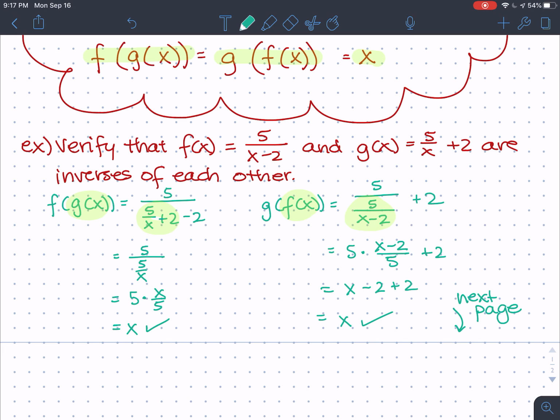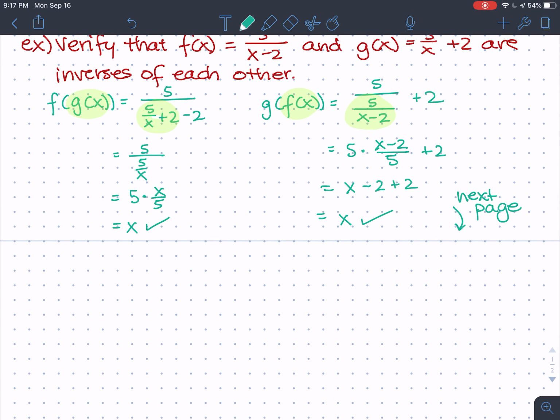So I'm going to do that right now. I have said that f of g of x is equal to g of f of x. I've just shown above that both of these are equal to x.